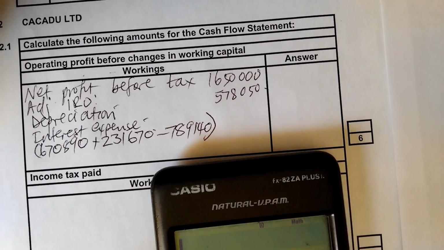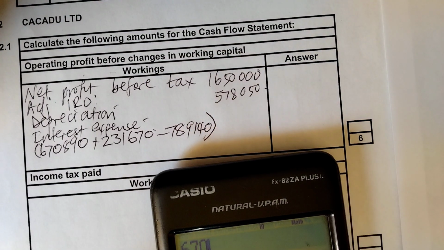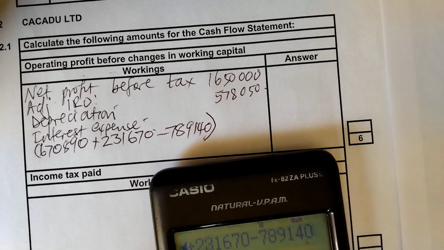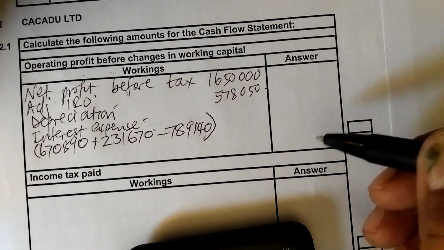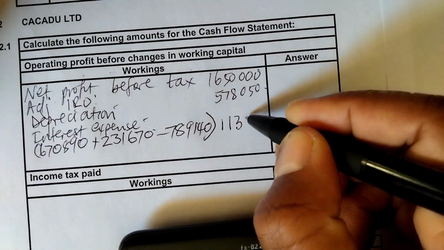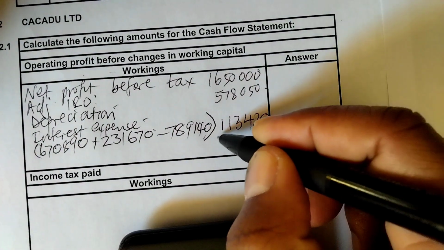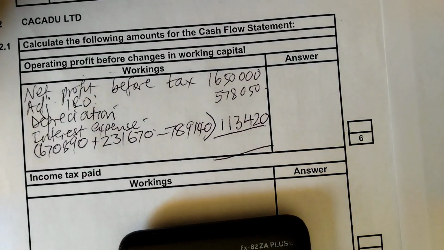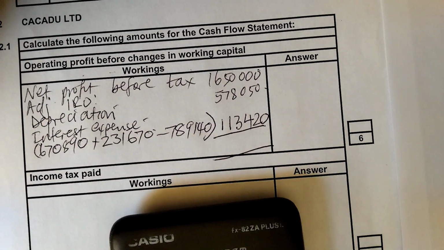Let me punch it on the calculator: 670,890 plus 231,670 minus 789,140 gives me 113,420.